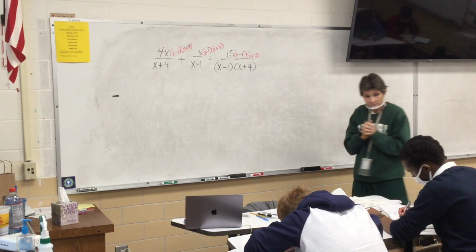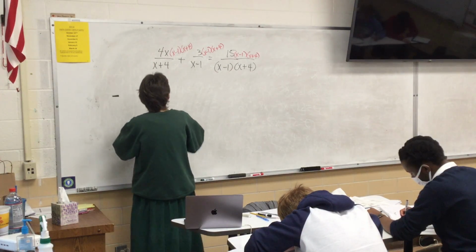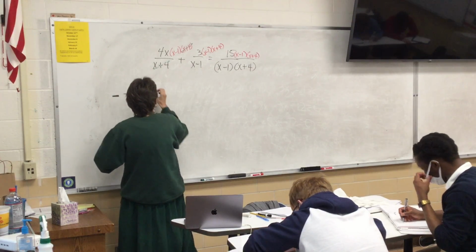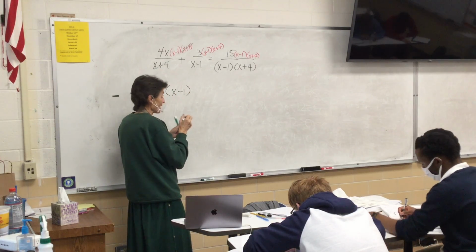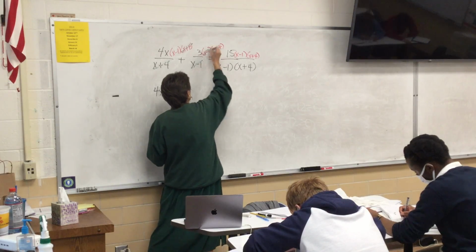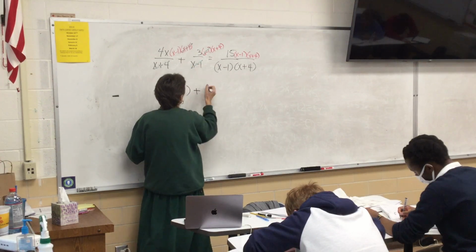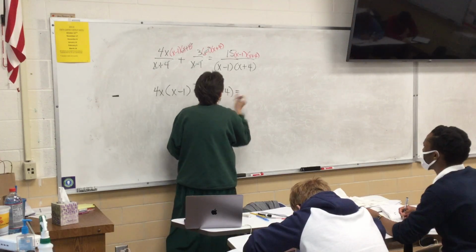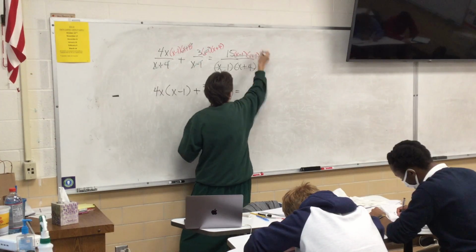All right? Now, what do we do that for? Well, hopefully we can cancel something. So X plus 4 out. Here, this is gonna cancel, so I'm gonna have left 4x, x minus 1. I'm gonna multiply that out, but not yet, it's too much for me to do. Now I'm gonna cancel these, and I have plus 3x plus 4, and then equals, oh, shoot, 15?